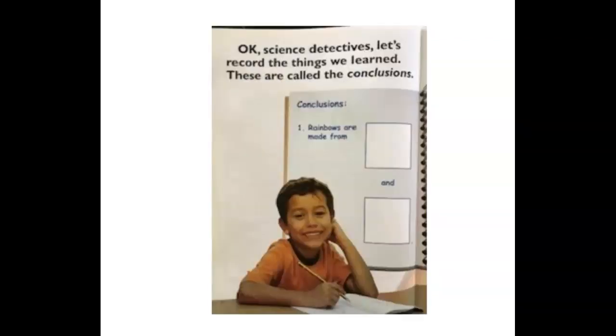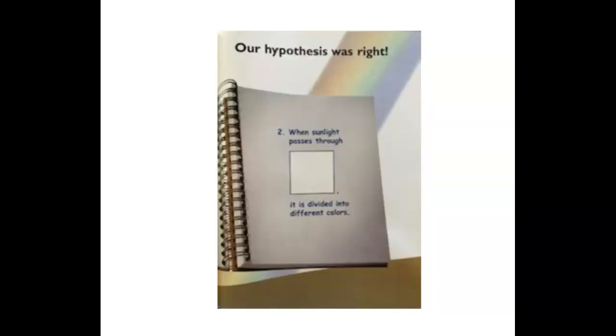Okay, science detectives, let's record the things we learned. These are called the conclusions. So what conclusions can we make? Rainbows are made from blank and blank. What do we need? Our hypothesis was right.